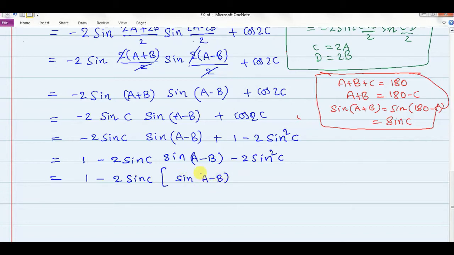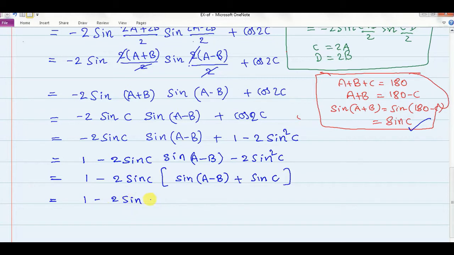For cos 2c we have to use the formula cos 2 theta in terms of sin theta. So we have a formula for that, that is cos 2 theta is 1 minus 2 sin square theta. So cos 2c is 1 minus 2 sin square c.